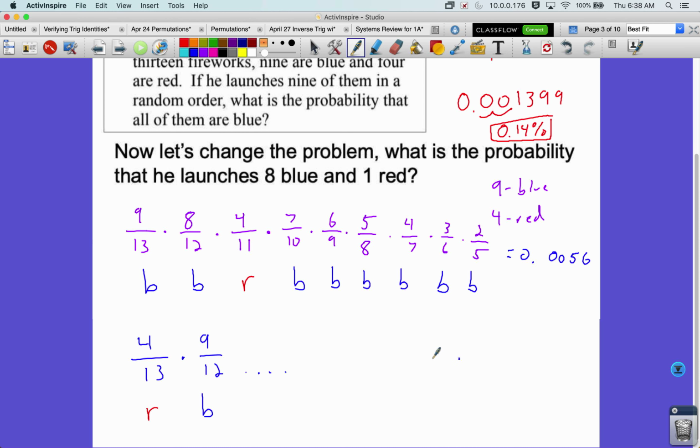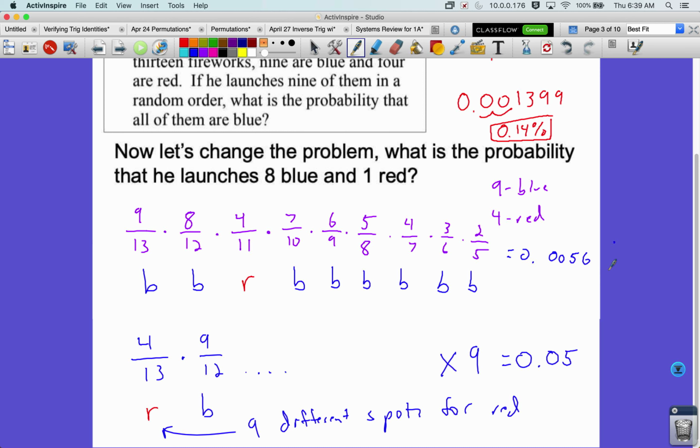And then I'm going to multiply it by 9 for the 9 different spots red can be in. So times 9 gives me 0.05035.